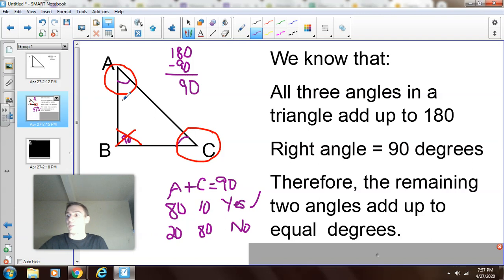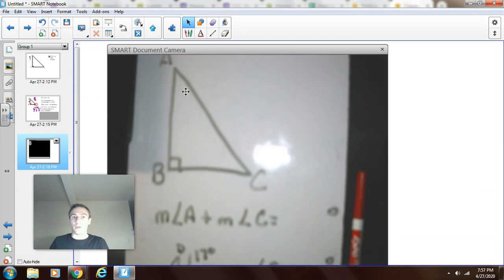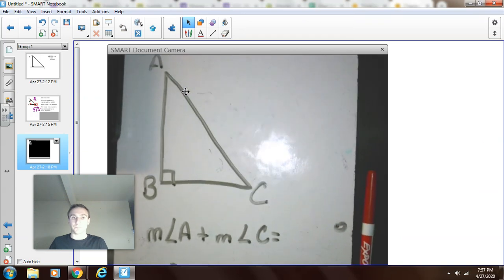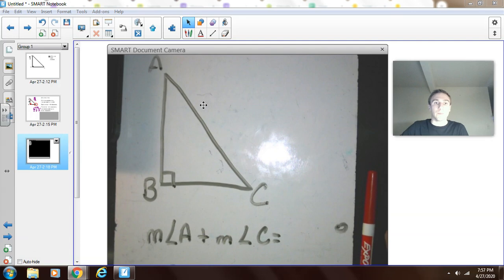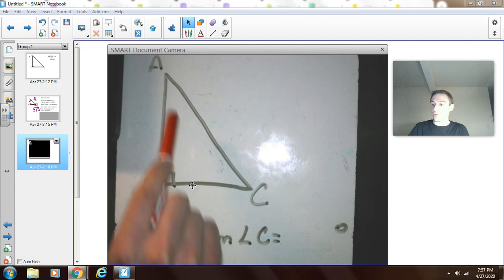To explore this, let's take a look at the document camera over here to my left, and we'll get some light on this board and switch the slide. As we take a look at triangle ABC once again, we're going to be thinking not about the right angle, angle B, but about these 2 angles.